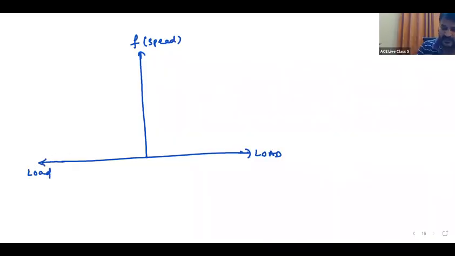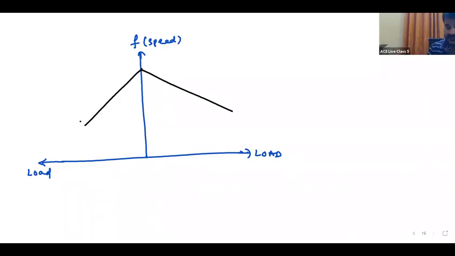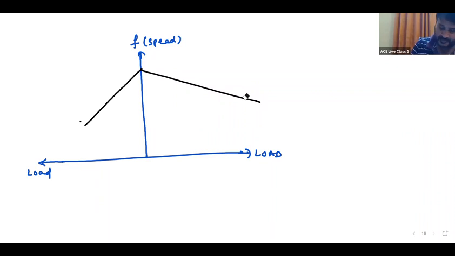So the frequency versus load characteristics are like this. This is the turbine characteristics. This is for machine 1 and this is machine 2.